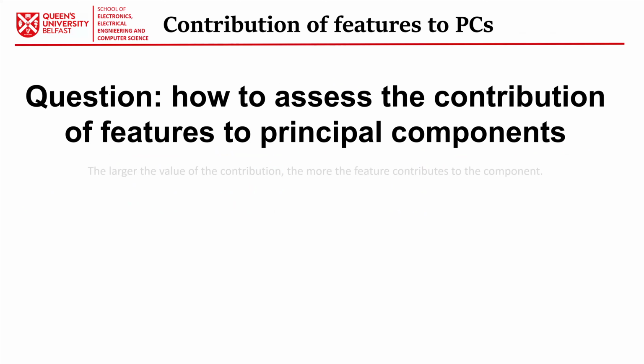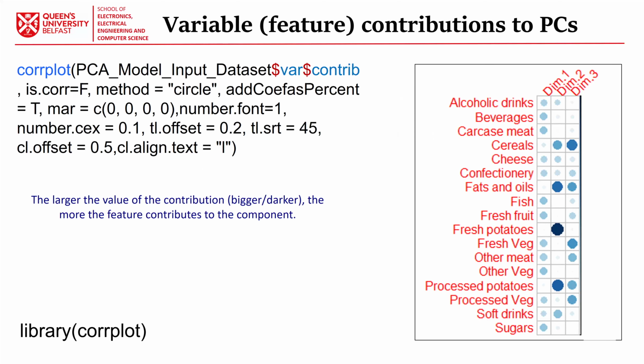Okay, so now we're going to see what would be the level of contribution of features or variables to principal components or these three axes, okay? We have a library called corrplot, with which we can get this contribution. Here I use circles, and the size of the circle shows the level of contribution. The larger the value of contribution is, the more a feature contributes to the component.